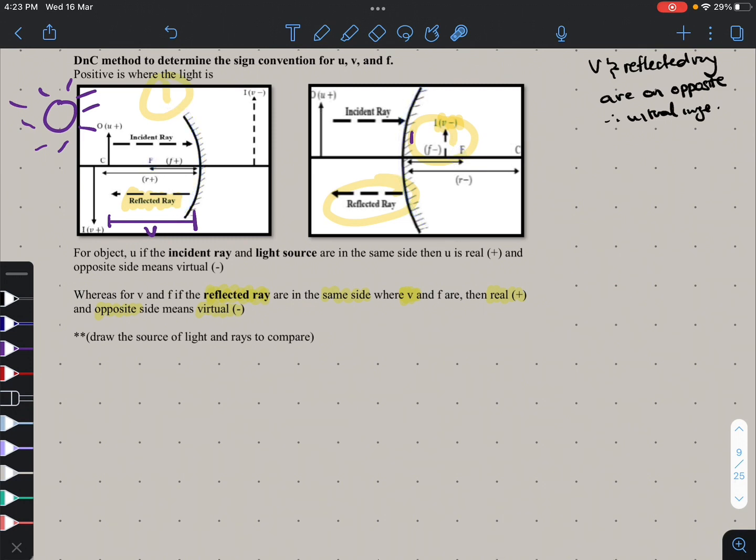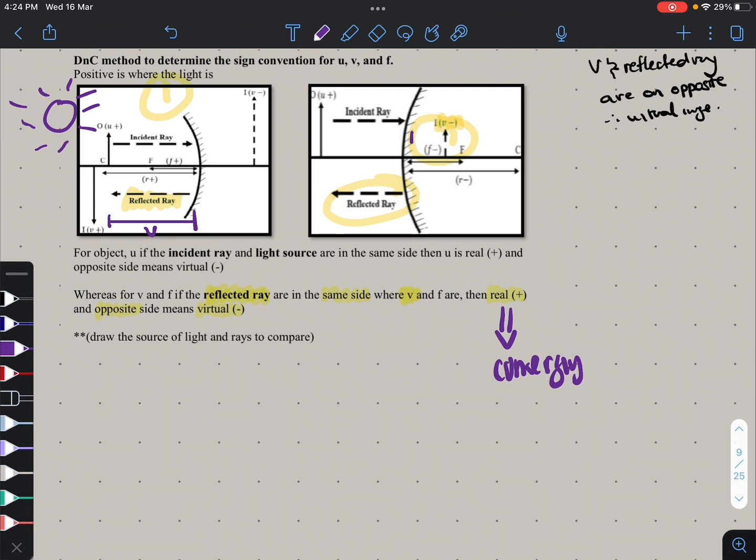Okay, so kita tengok focus point kita dengan reflected ray kita berada pada arah yang sama atau bertentangan. For concave mirror, the focus point is in front of the mirror and the reflected ray is also in front of the mirror. Mereka berada pada same side. So bila same side, dia adalah positif. Okay, bila same side dia adalah positif dekat sini, maka ini membawa maksud dia adalah converging.